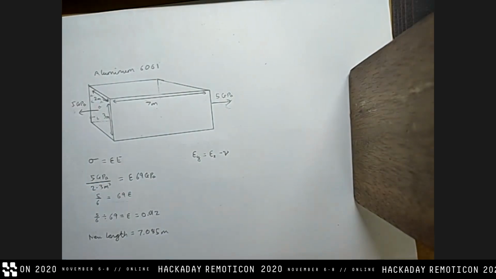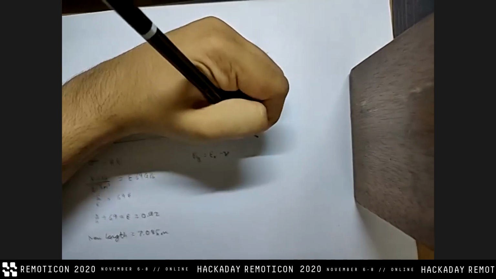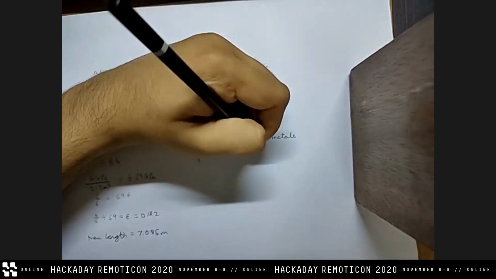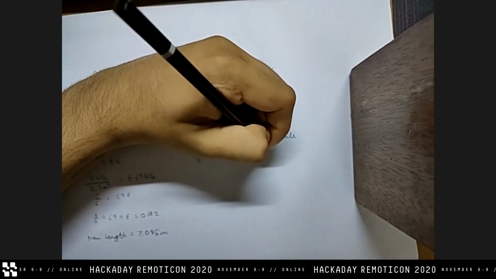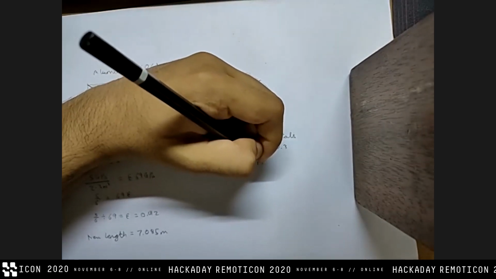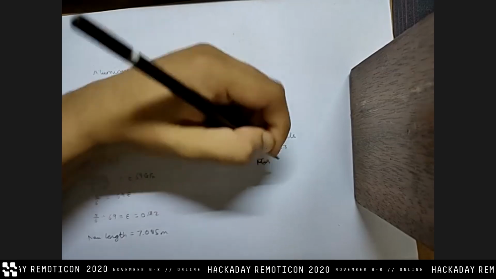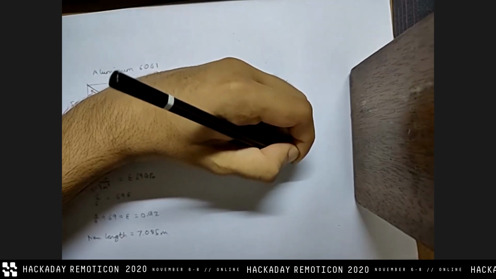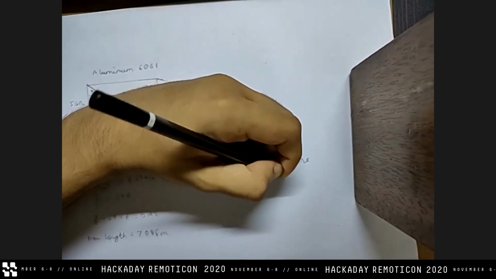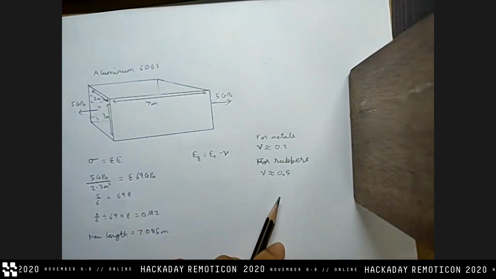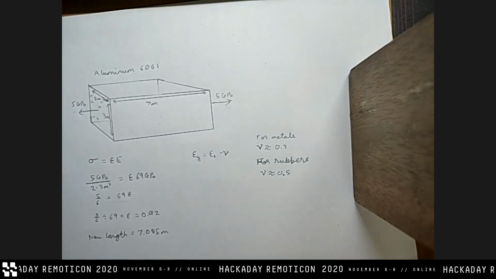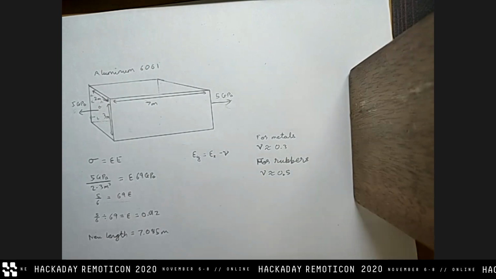One thing that's really handy to know is that for metals, Poisson's ratio is approximately 0.3, and for rubbers it is 0.5. So you can see 0.5 is quite a large number, and that is why, say, your rubber band changes so much.